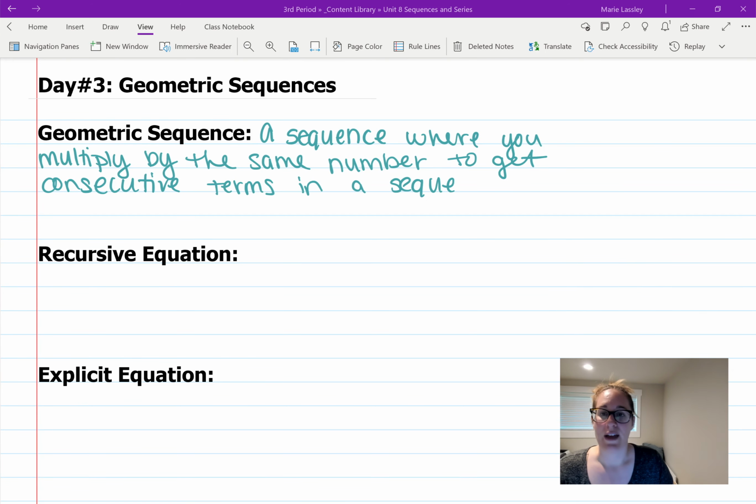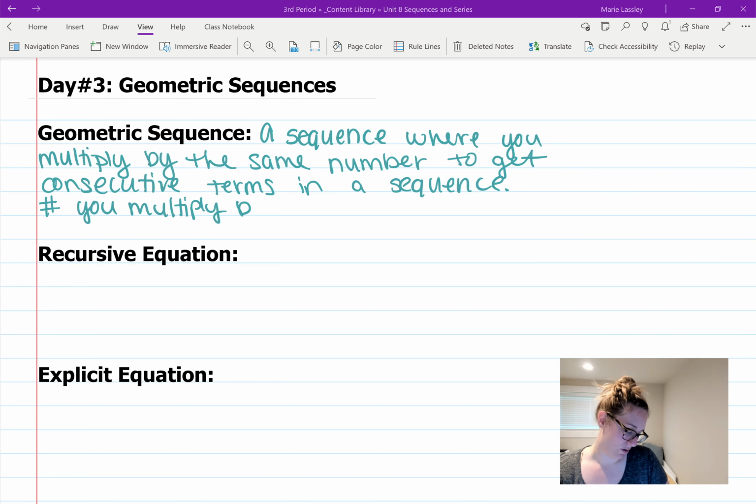All right, so that number that we're multiplying by, we call that the common ratio. The number you multiply by is called the common ratio.